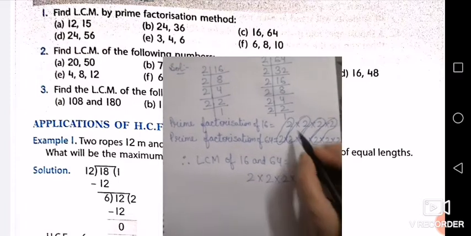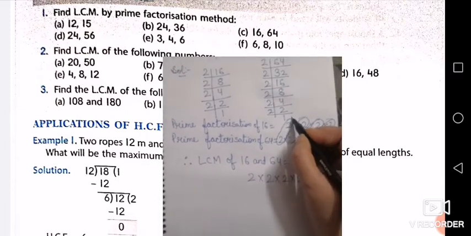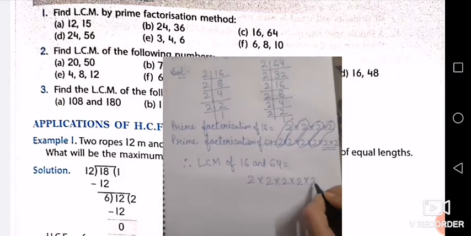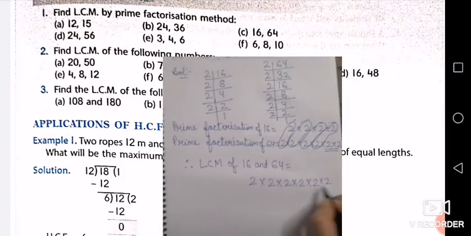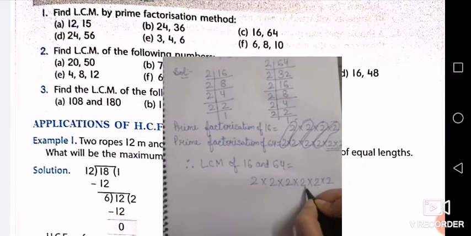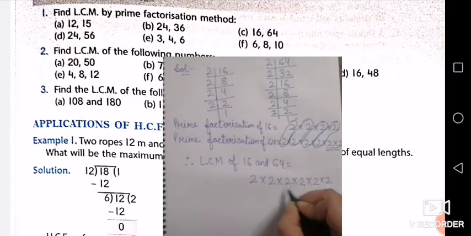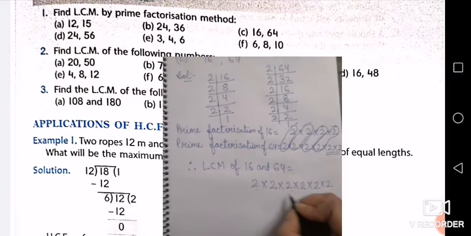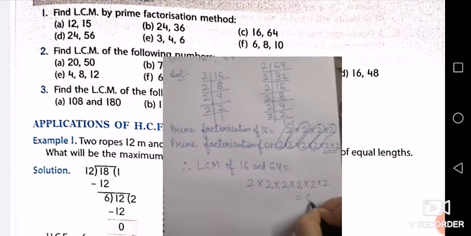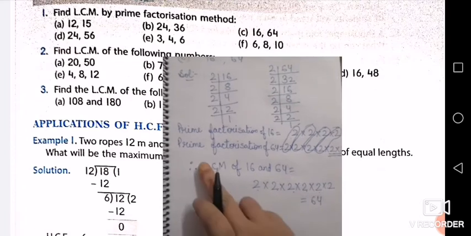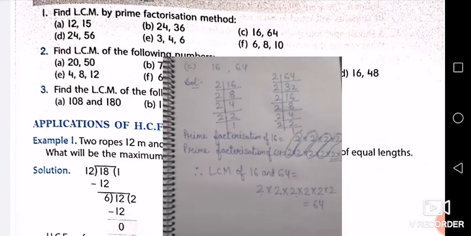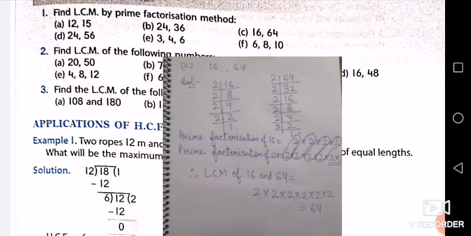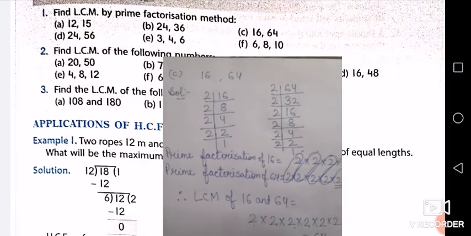These 4 twos are common from these circles, 1, 2, 3, 4, and the rest 2 twos are left, that we will write here. Now 2 twos are 4, 4 twos are 8, 8 twos are 16, 16 twos are, correct, 32, 32 twos are 64. So now here the LCM of 16 and 64 is 64. I hope this question is clear to you all.